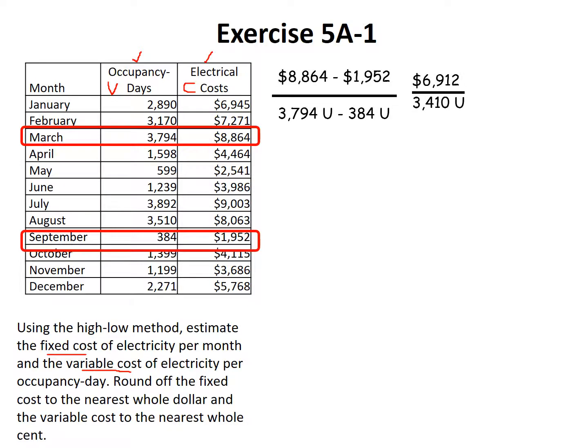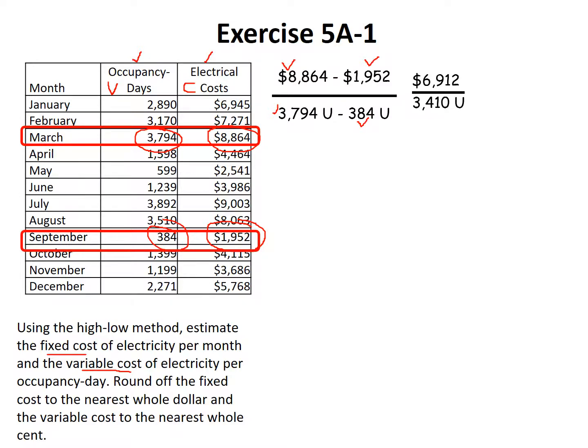I take the electrical cost associated with March, $8,864, and I subtract out the electrical cost associated with the lowest month of $1,952. I'm going to divide that by my volume. In this case, I'm picking occupancy days. 3,794 is my highest, and lowest would be 384 days.